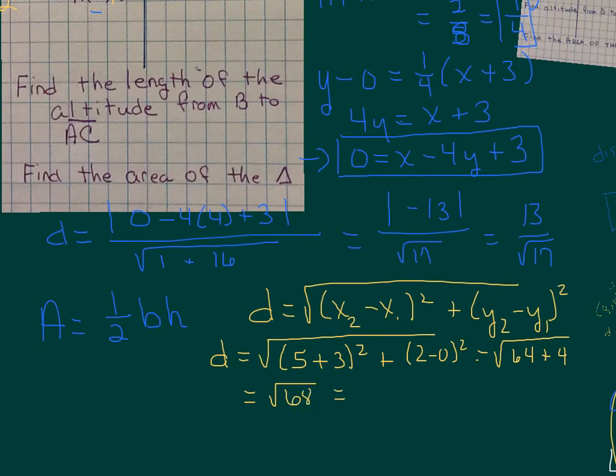And 4 goes into 68 17 times, so we get 2 square roots of 17. That is the length of segment AC.